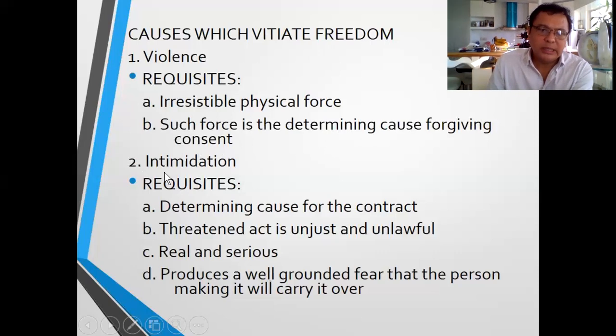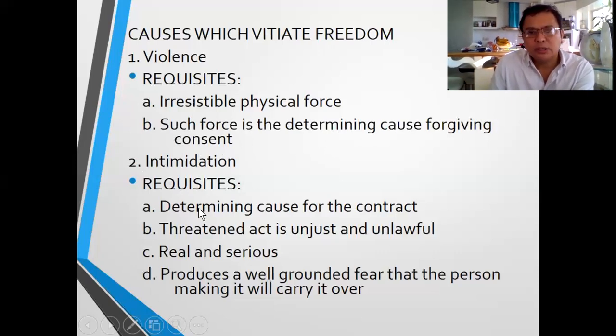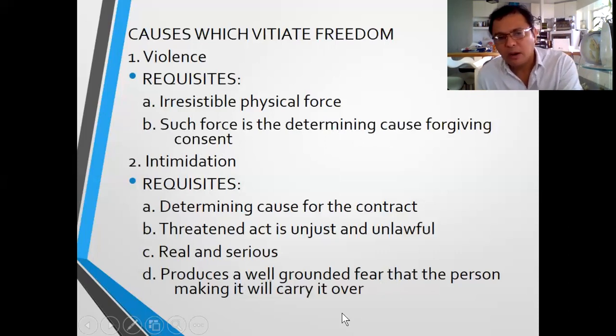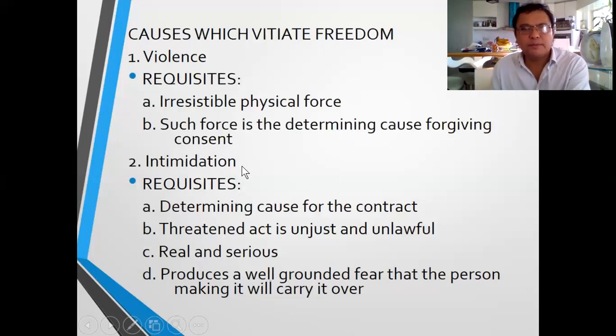And then there is intimidation. When there is a determining cause for the contract, the threatened act is unjust and unlawful, it's real and serious, and it produces well-grounded fear that the person making it will carry it out. So in the previous example, instead of the mall owner pointing a gun to your face, he now comes to you and presents you a deed of sale stating that he's going to buy your property.